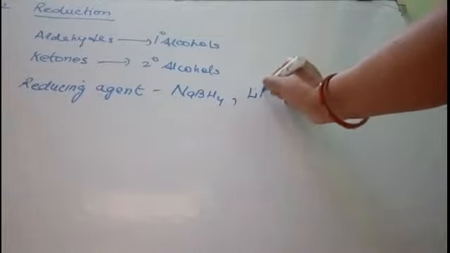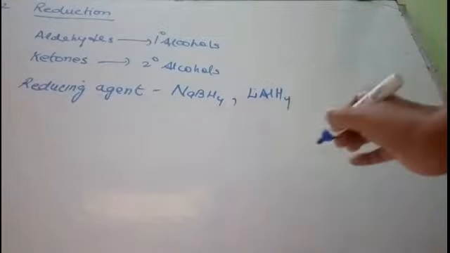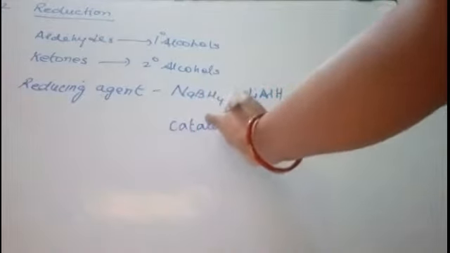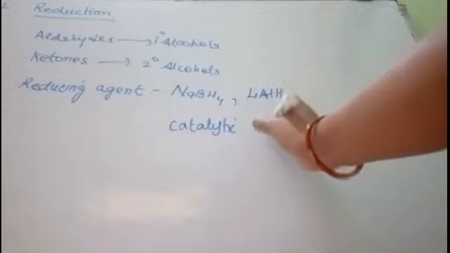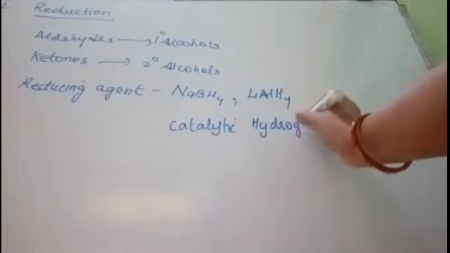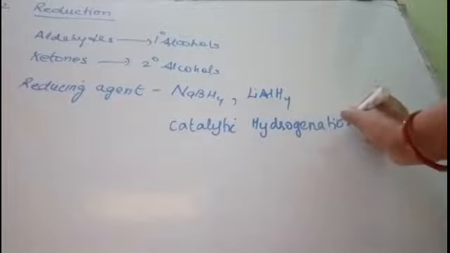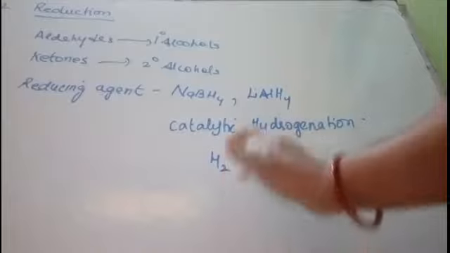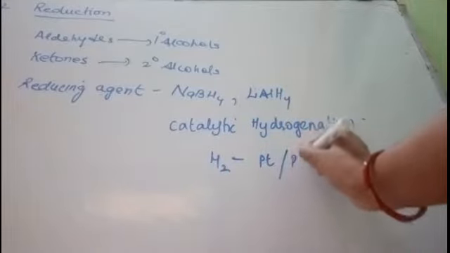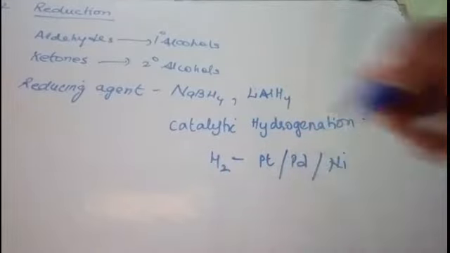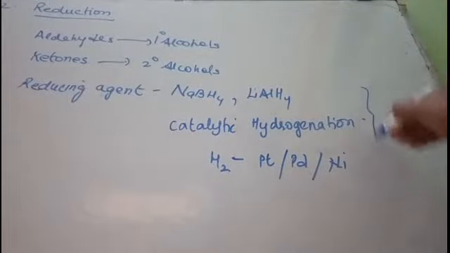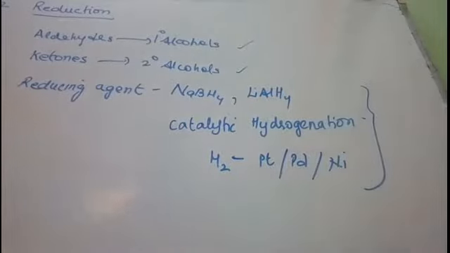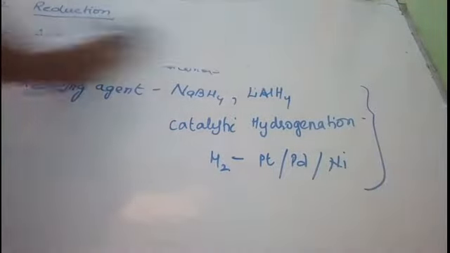We can also use lithium aluminium hydride, also used for the reduction of carboxylic acid, or we can also do catalytic hydrogenation, means hydrogenation in the presence of platinum, palladium or nickel. So any one of them we can use as a reducing agent for aldehydes as well as for the ketones. So let us study the reaction.